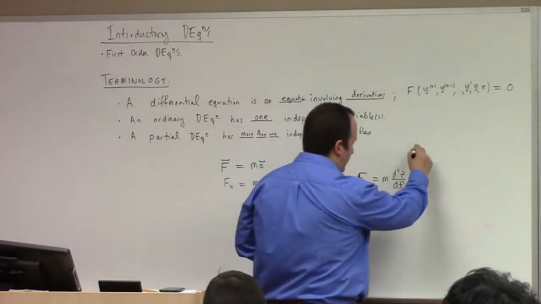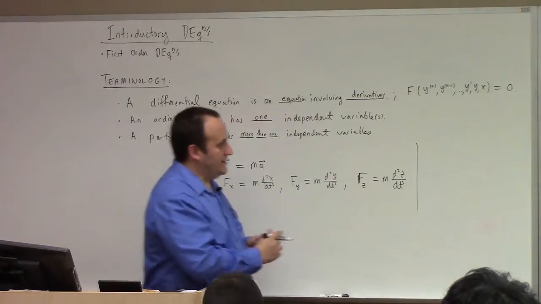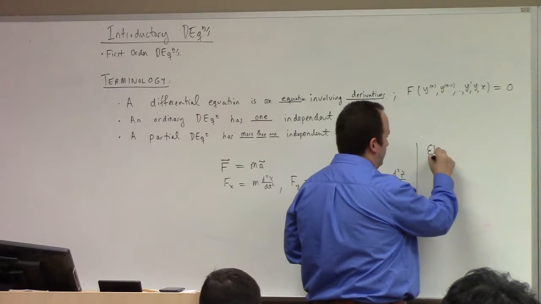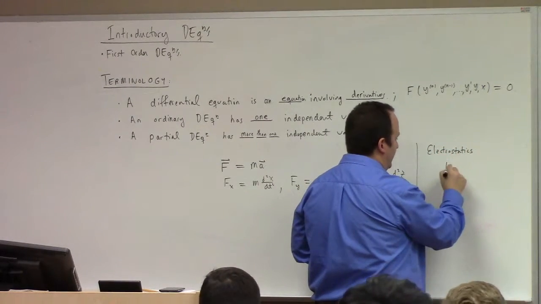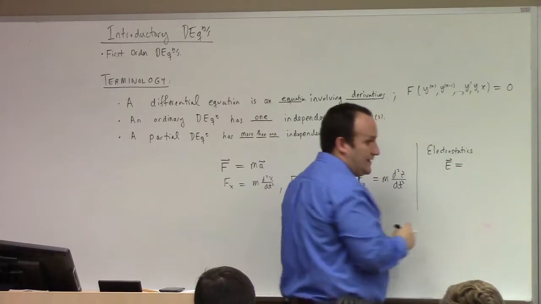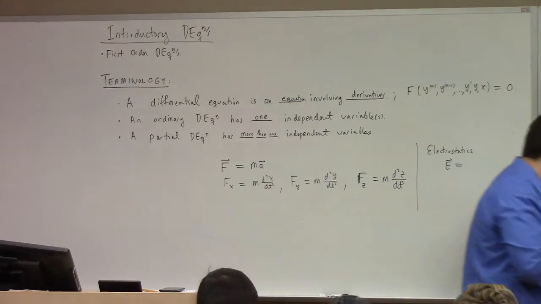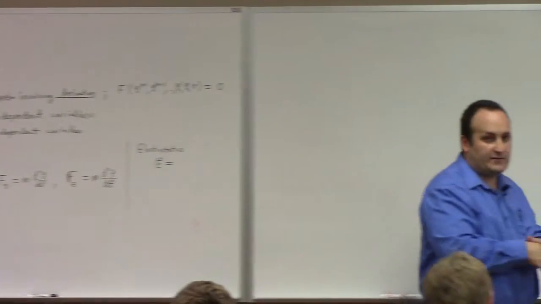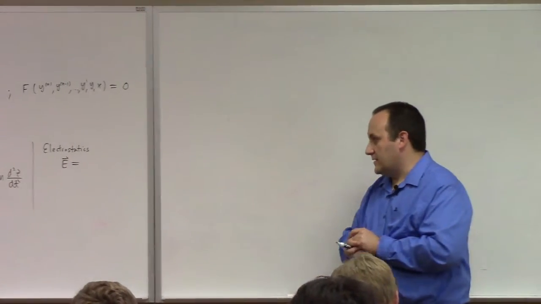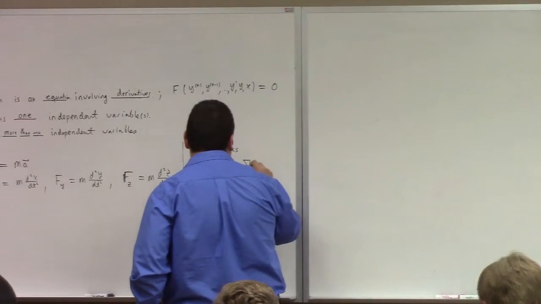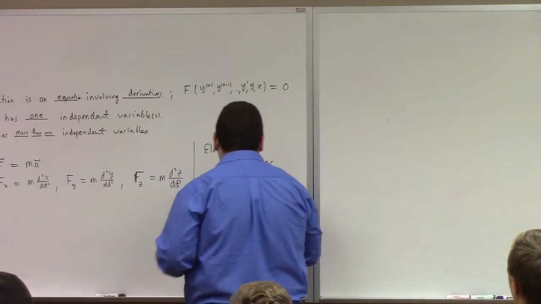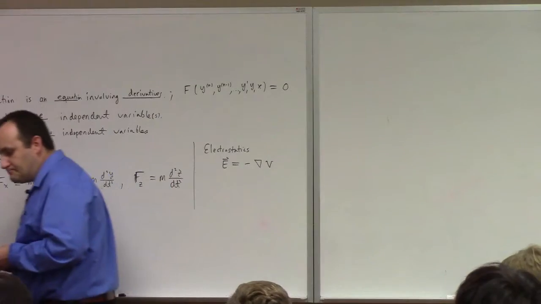Another example which is important is in electrostatics. In electrostatics, there's something called the electric field. The electric field propagates the electric force, all right? And it turns out you can write that as minus the gradient of what's called the potential. That's the potential energy per unit charge, or the voltage function.